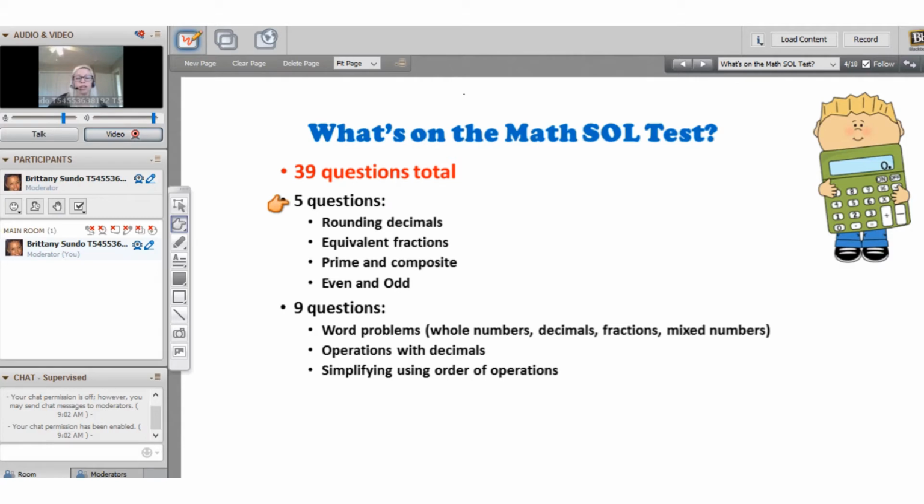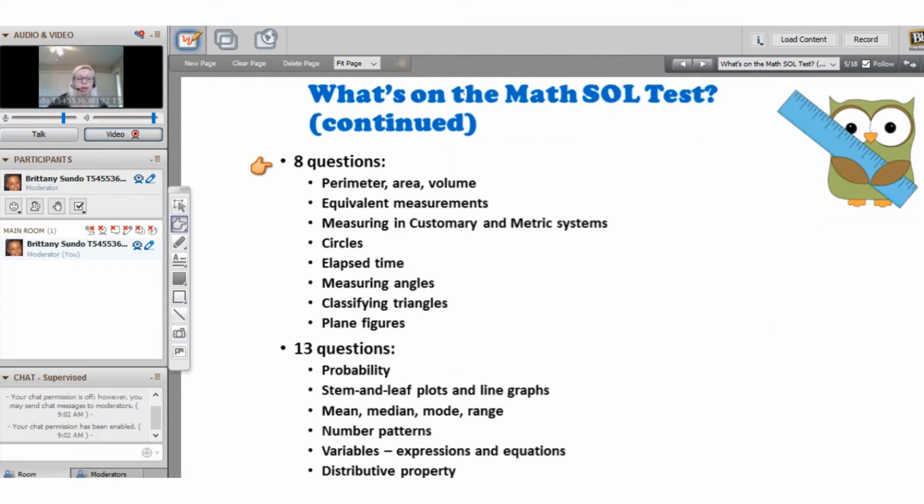So 5 of your questions will be rounding decimals, equivalent fractions, prime and composite numbers, and even and odd numbers. 9 of your questions will include word problems, operations with decimals, and simplifying using order of operations. 8 of your questions will include perimeter, area, and volume, equivalent measurements, measuring in customary and metric systems, circles, elapsed time, measuring angles, classifying triangles, and plane figures. 13 questions will include probability, stem and leaf plots and line graphs, mean, median, mode, and range, number patterns, variables, and the distributive property.